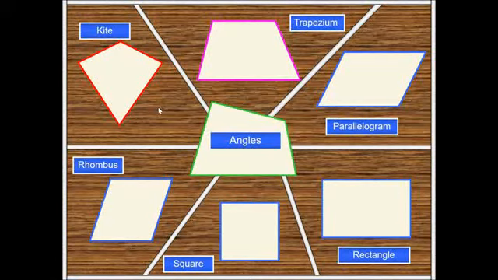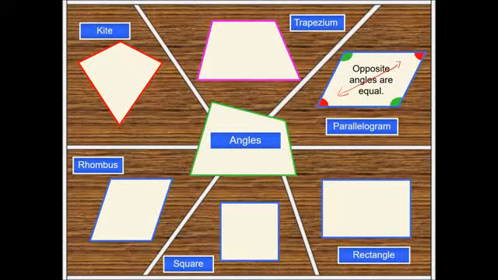Let's look at the angles. The trapezium, all these angles will have different sizes. But if we add all the interior angles of any of these quadrilaterals, then it will add up to 360 degrees. Let's look at the parallelogram. In a parallelogram, your opposite angles, opposite angles meaning those two angles, are equal.